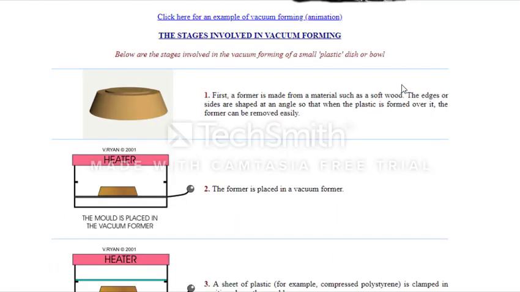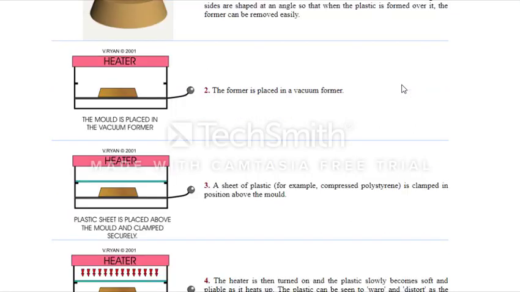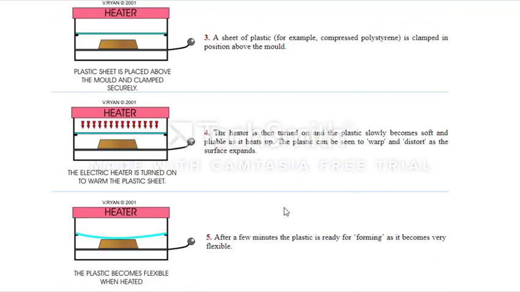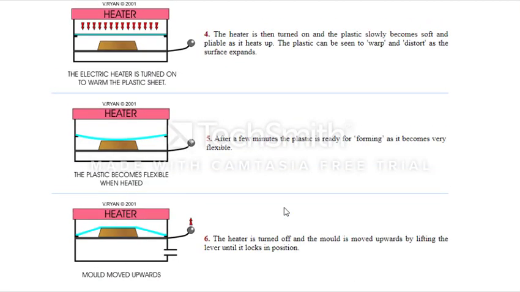So to answer question 17.2: you put a former inside the vacuum former chamber, and put a sheet of high density polystyrene over the chamber. Use a toggle clamp to hold it in place, and heat up the heating element. When the polystyrene becomes soft and starts to bow in the middle, you then press the vacuum pump, which sucks out all the air.